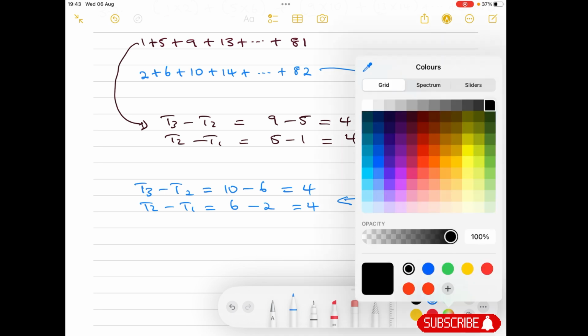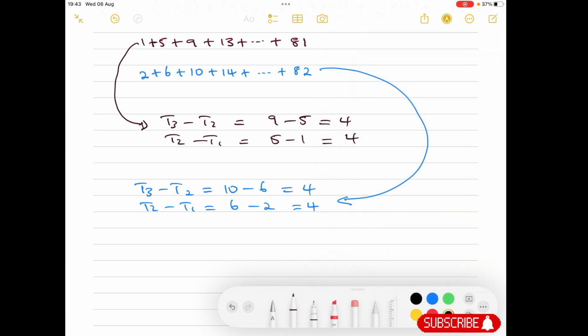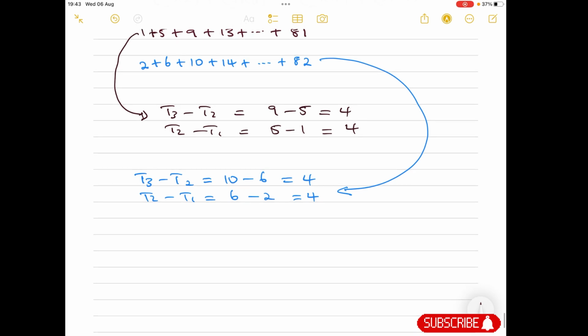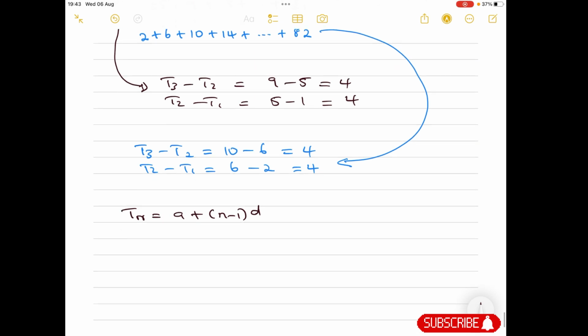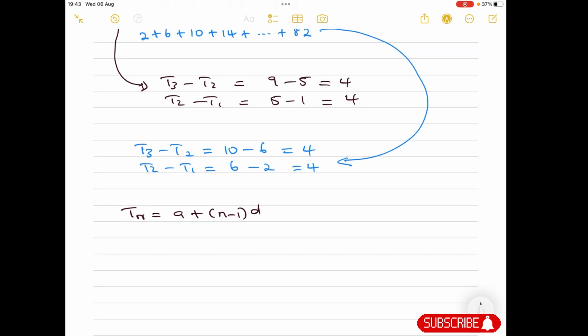Let me start with the first one, the one that I chose to be the first. I have Tn equal to a plus (n minus 1) times d. I know that I'm working with an arithmetic series, by the way, so I can get its general term using the arithmetic equation.